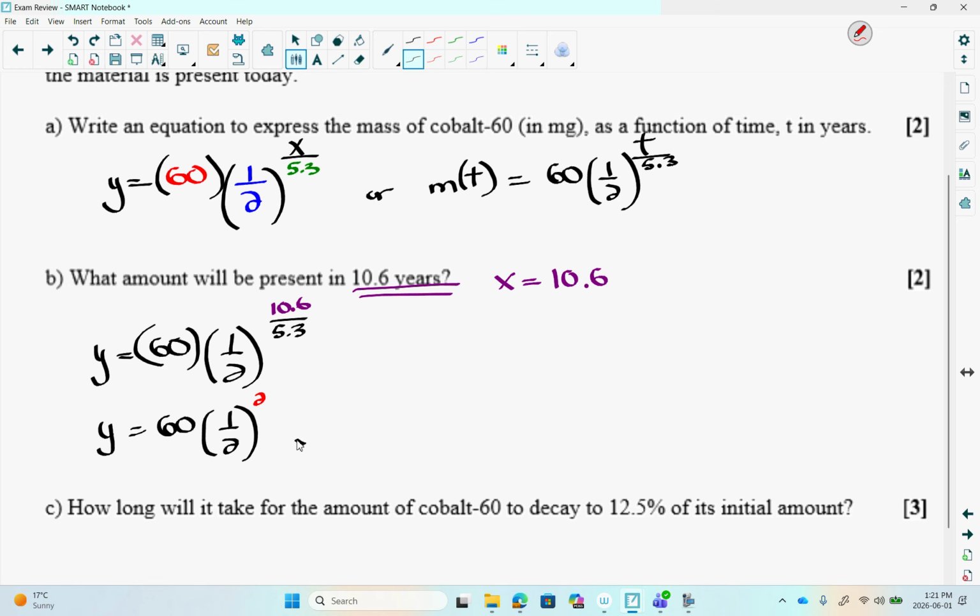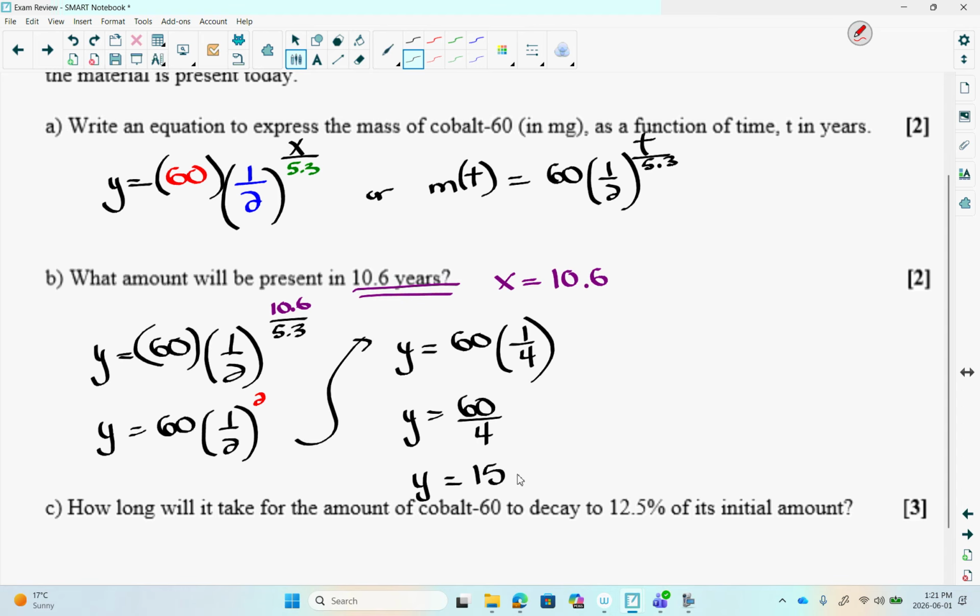And then I would do this. Y equals 60. I'm going to raise a half to the exponent of 2. I'm going to square it. What's a half times a half? A fourth. And then if I multiply 60 over 1 by 1 over 4, I'd get 60 over 4. What's 60 divided by 4? 15 milligrams.